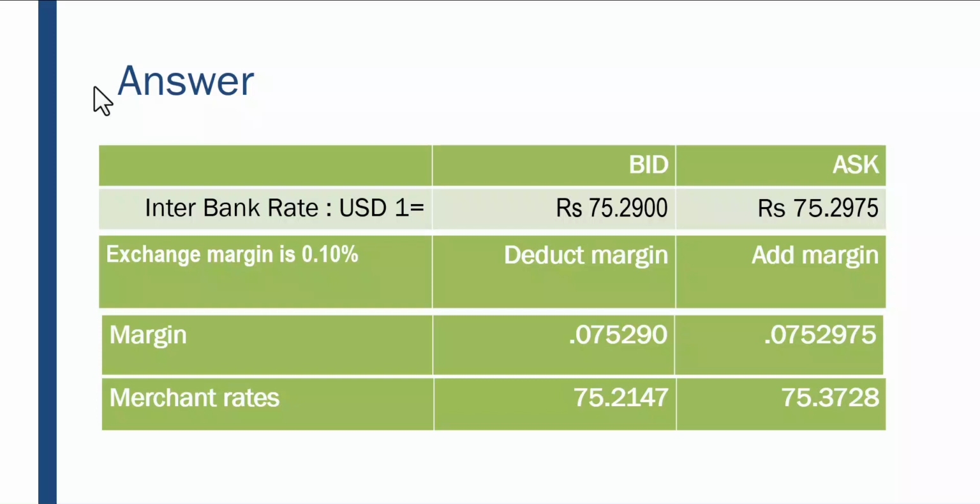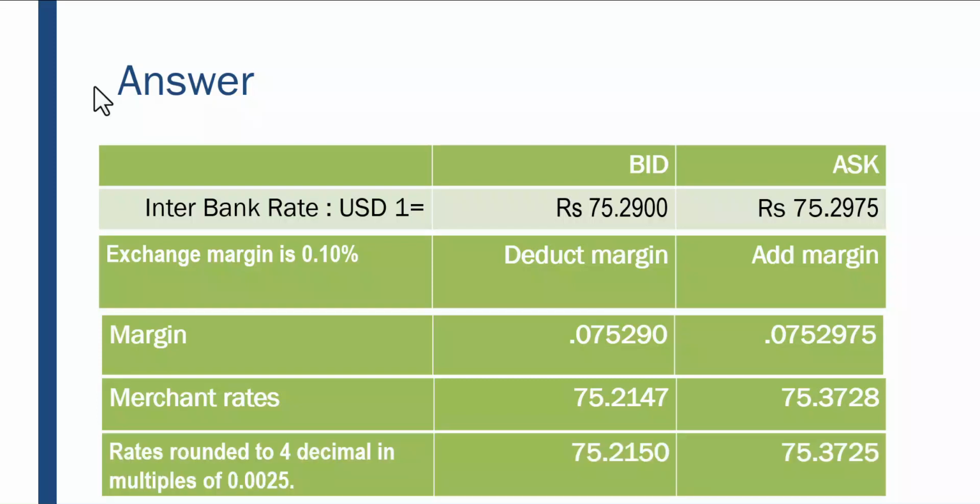Interbank rate. Now bid we are deducting and ask we are adding. Ask is for importer and bid is for exporter. Exporter में हम माइनस करते हैं और importer के ऐड कर लेते हैं. So we get the merchant rates. Now we have to round it off.